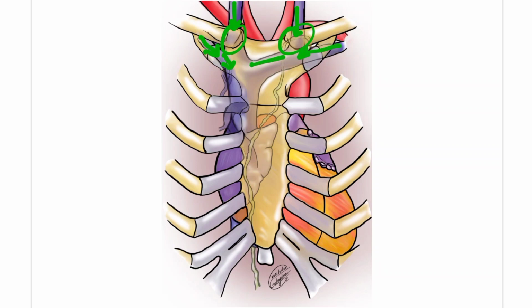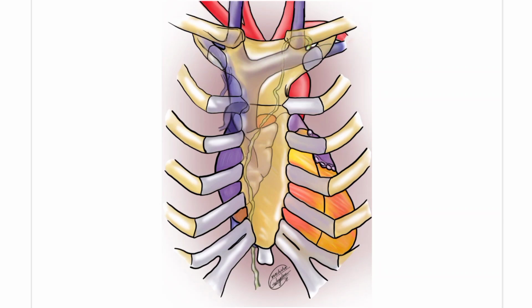The right and left brachiocephalic veins form the SVC behind the right first costal cartilage, and the SVC enters the fibrous pericardium at the level of the right second costal cartilage, and drains into the right atrium at the level of the third costal cartilage on the right side. So this is what happens to the veins.